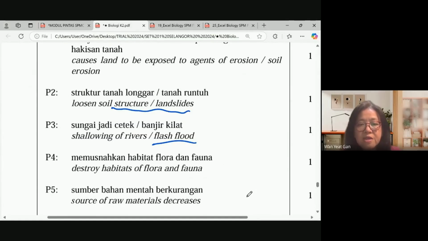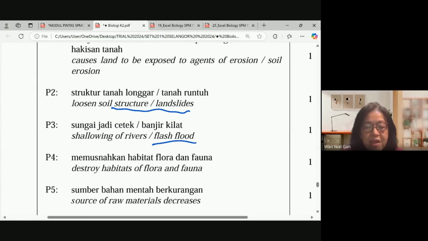These are three things that will definitely happen when you clear a forest. Okay, so that is the aspect in terms of the soil that will be loosened.